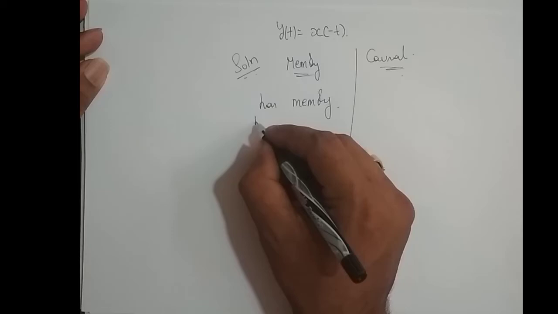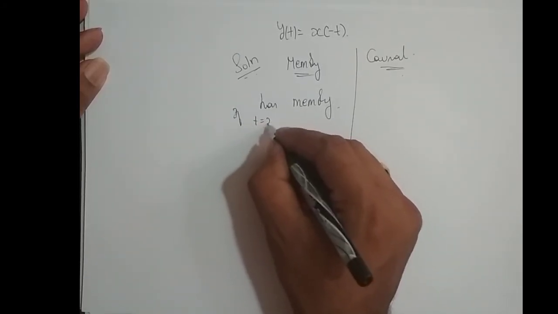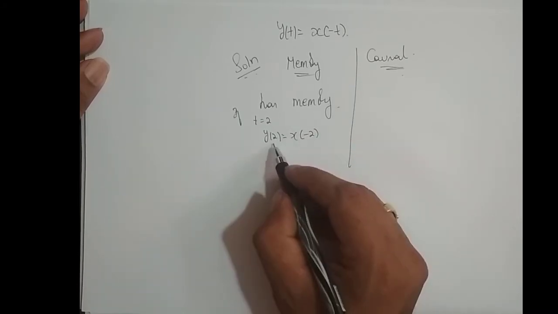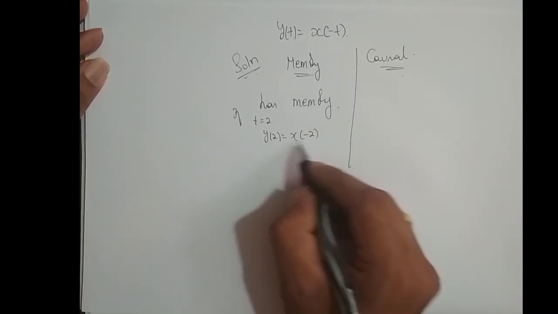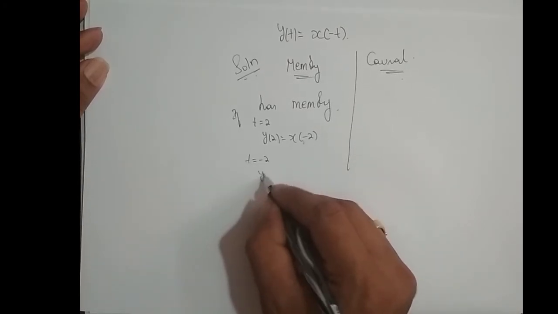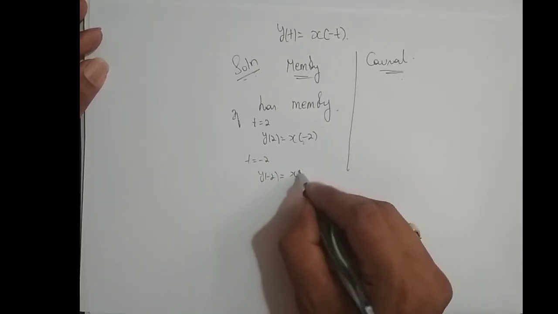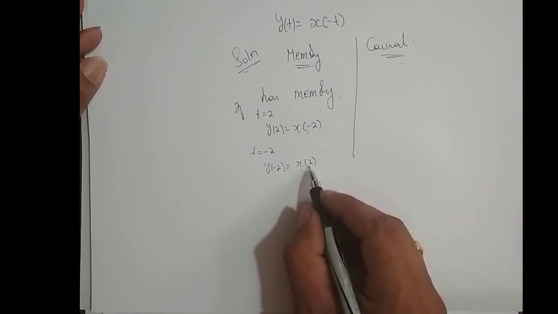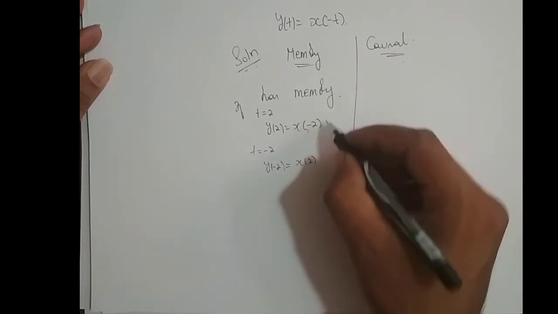right? Let me give you an example. If t is equal to 2, what is y of 2? y of 2 is x of minus 2, right? Now present output depends upon past input value, right? If I give t is equal to minus 2, what is y of minus 2? y of minus 2 is x of 2. Now present output depends upon future input value, right?